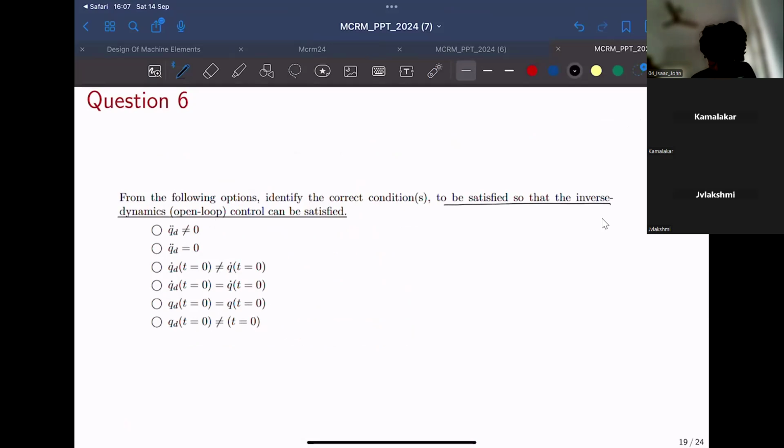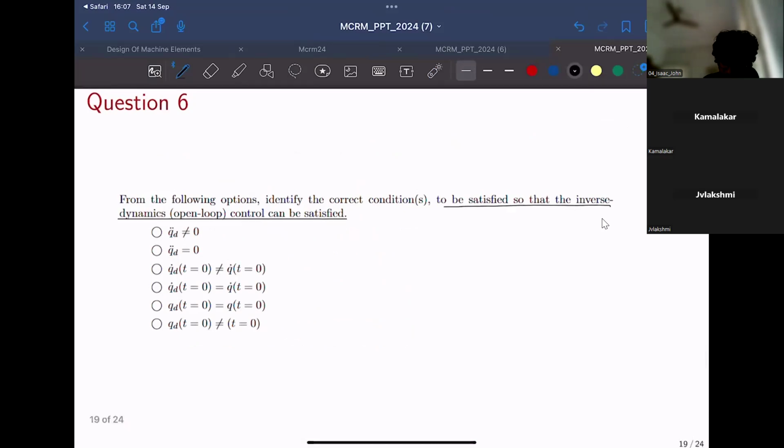So for inverse dynamics to be satisfied, q desired cannot be 0. So this should be satisfied. And the initial actual velocity and initial desired velocity should be equal.